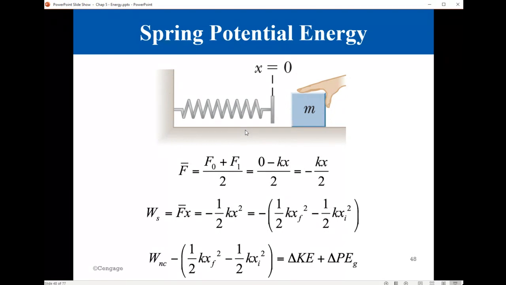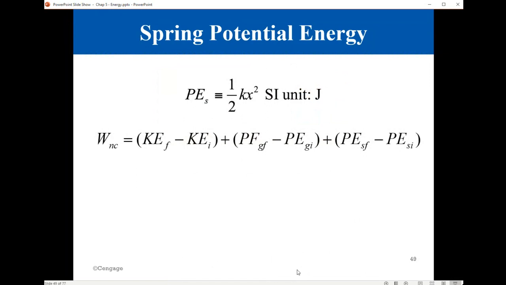Since we have motion also in addition to the potential energy, the work now needs to include all terms. So the work here is equal to the change in the kinetic energy plus the change in the potential energy.